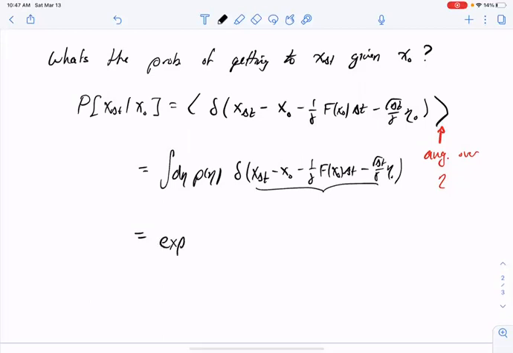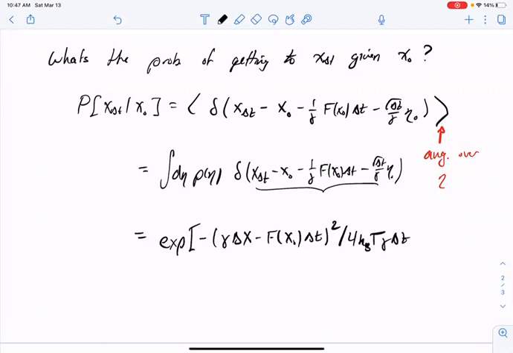Namely, I will get that the probability of making that transition is itself Gaussian. That depends on the force at that position, the displacement I make, delta x, and has a variance that is twice kBT gamma and depends on the time step.